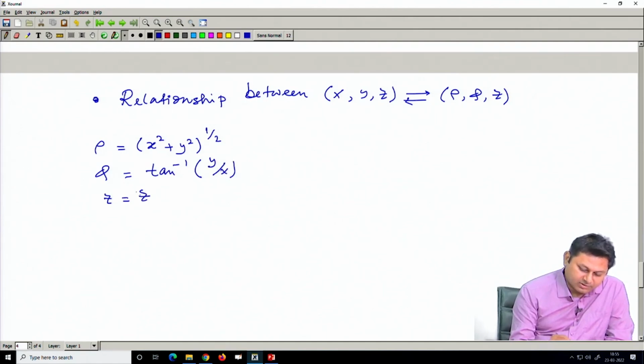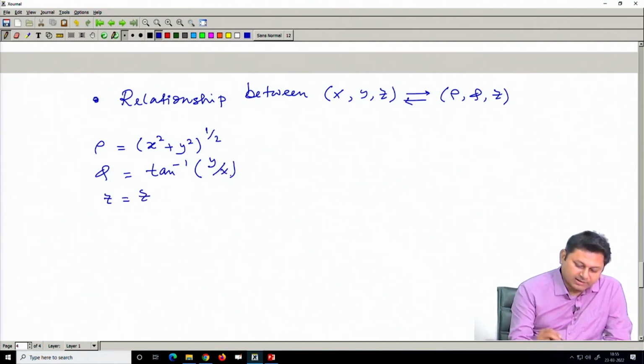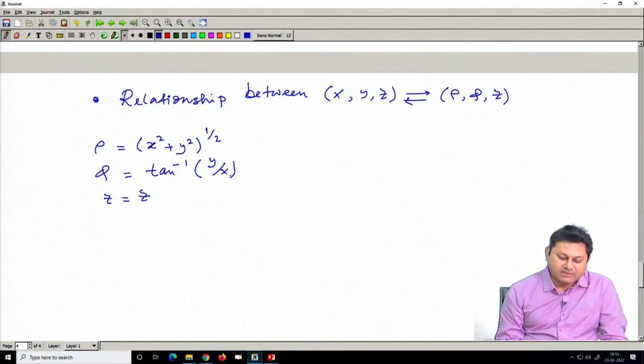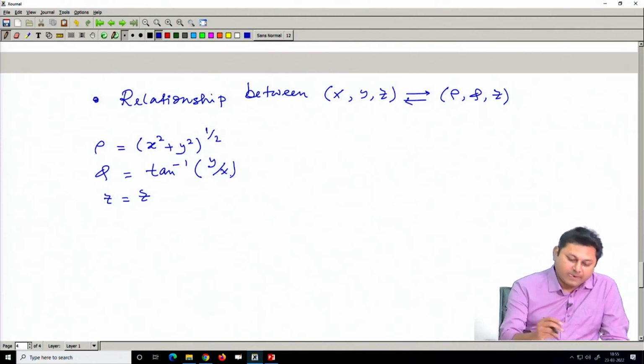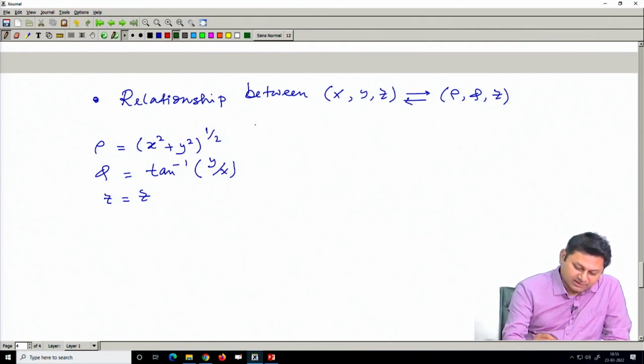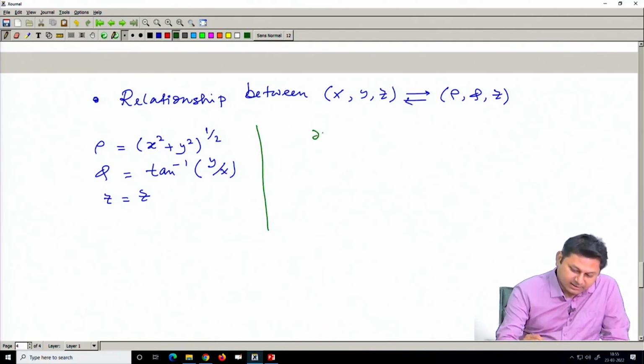So, on the left hand side we have rho and on the right hand side we have x, y, z. If the x, y, z of a point is given to you, you can find out the value of rho phi z in the cylindrical coordinate system. In a similar way, I can have a reverse relationship, and that is x is equal to rho cos phi, y is equal to rho sin phi, and z is equal to z.